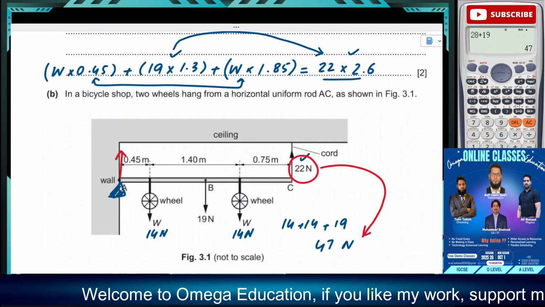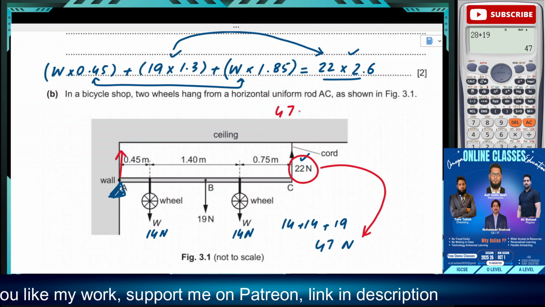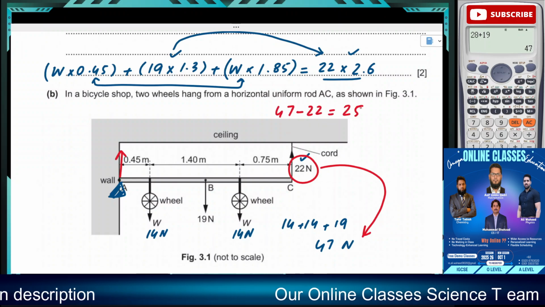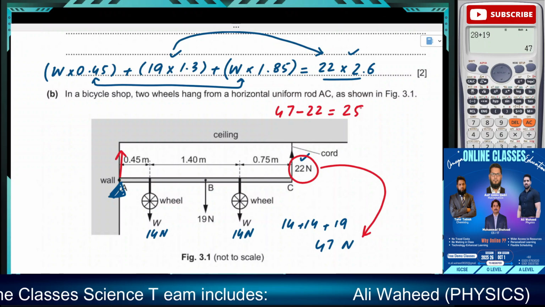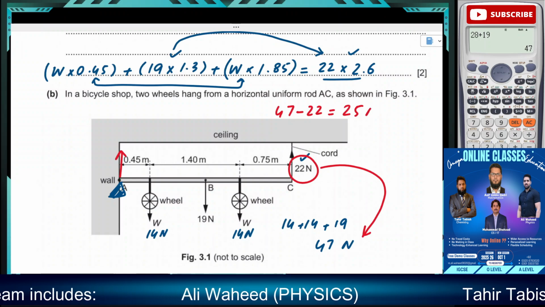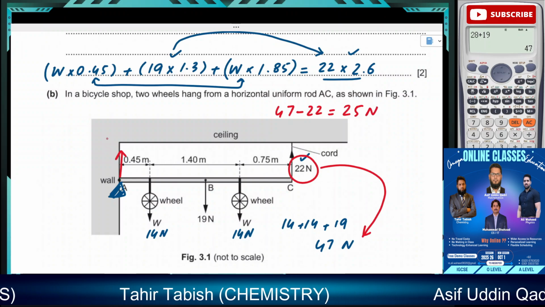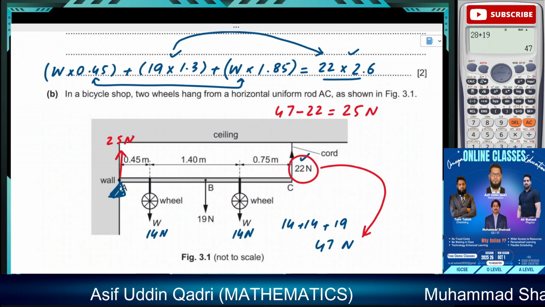Only then can the system be in equilibrium. So what you do is 47 minus 22, which is 25. So there has to be a force of 25 Newton upwards.